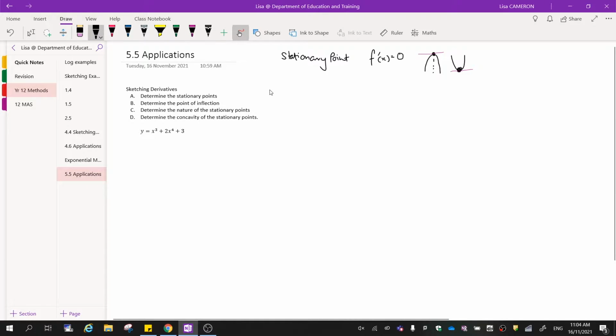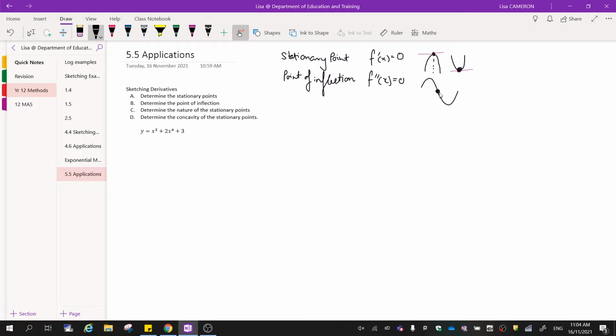Now, this is different to a point of inflection, which is when the second derivative is equal to 0. Now, this point of inflection tells us about the concavity of it. So here, if I have a function that looks like that, you can see here it's approaching the max, and then as I get over, it starts decreasing.